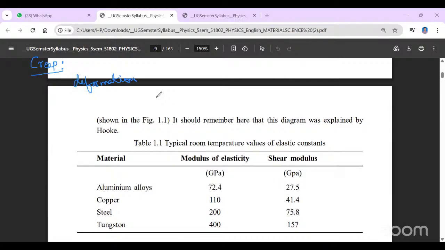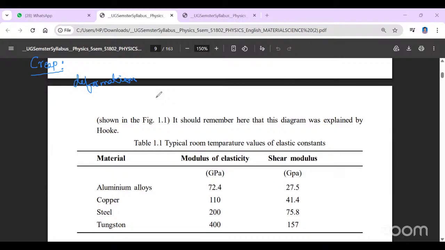So that is one example, and we have similar applications in engineering. We have to choose the material or alloy which has a low creep rate. The creep rate tells how the metal or alloy deforms over a period of time. Okay.